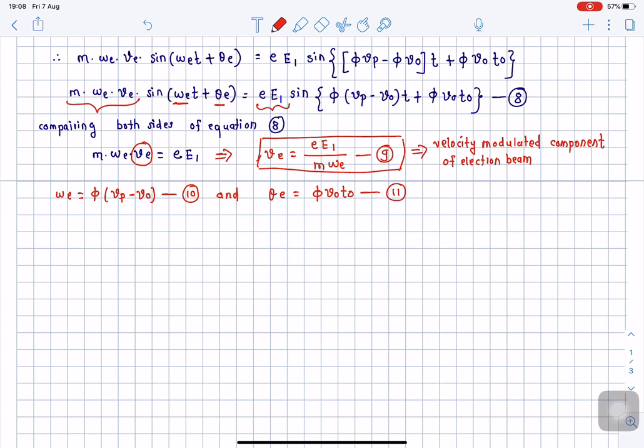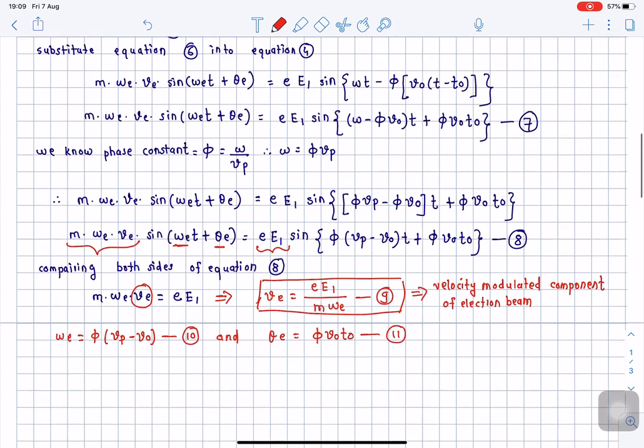And if you see on the right hand side, the velocity modulated component of the electron beam is directly proportional to the magnitude of the axial electric field, that is E. So here we can conclude that the more the magnitude of axial electric field, the more the velocity modulated component of the electron beam in the total equation of velocity modulation.